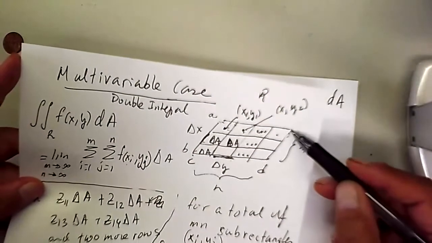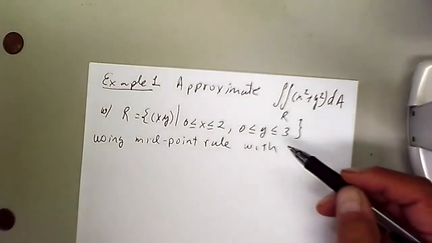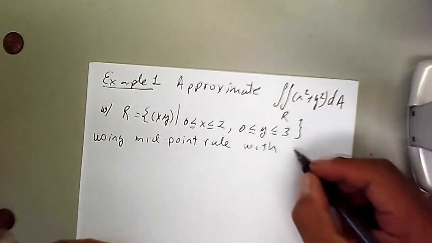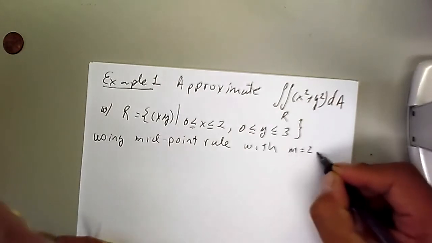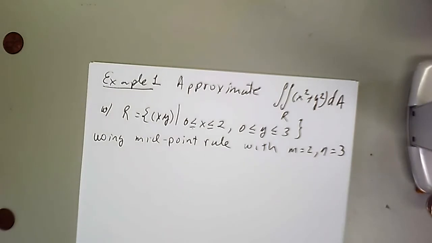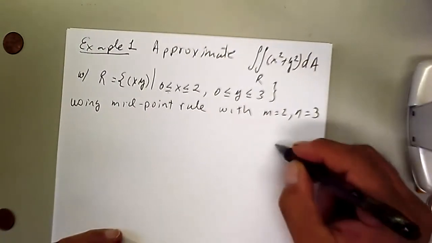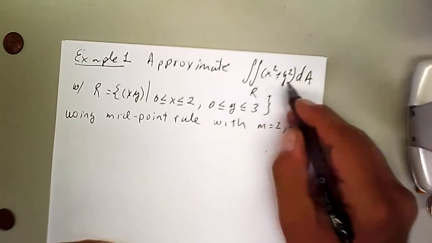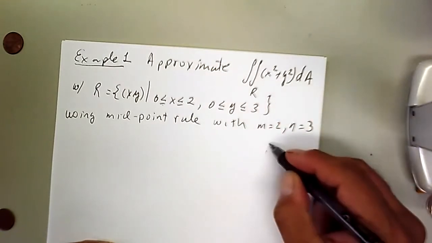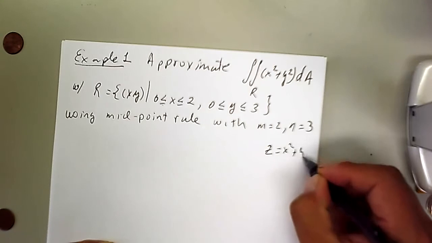So m is going to be the splitting of the x interval, with m equals 2, n equals 3. Okay, so this is the function. So this is what we are doing. We are familiar with this function. It is a paraboloid, z equals x squared plus y squared.